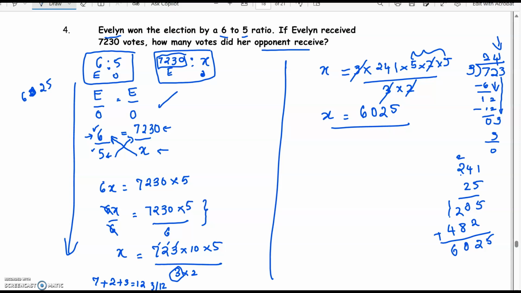So we set up a proportion, and now we have the answer to that question. So if the total that Evelyn got was 7,230 votes, then we can be sure that the actual number of votes of the opponent is 6,025 votes.